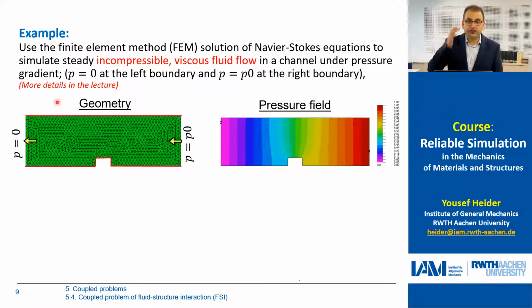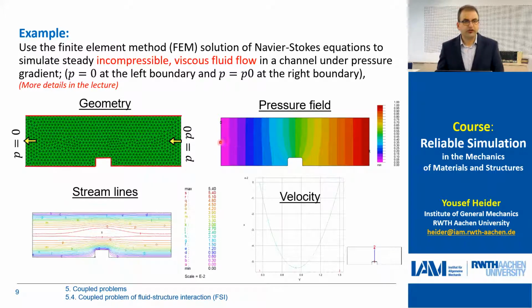Simply, we apply this FlexPDE code and we apply this stabilization strategy, which I mentioned here. So we have this pressure field, which looks like this. Now you see that we have pressure at each point of our domain. It's not in some specific region. So at each material point we have a pressure field. Now if we look at the streamlines, we also have velocities at each point of the domain.